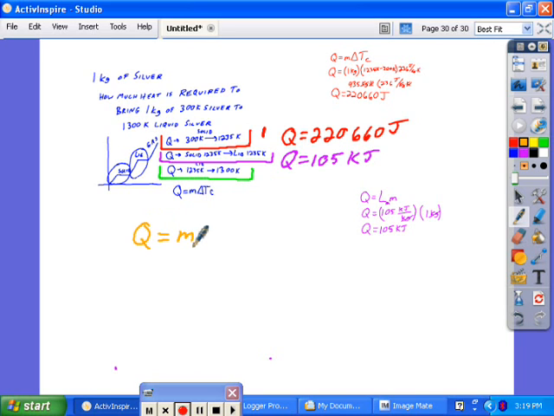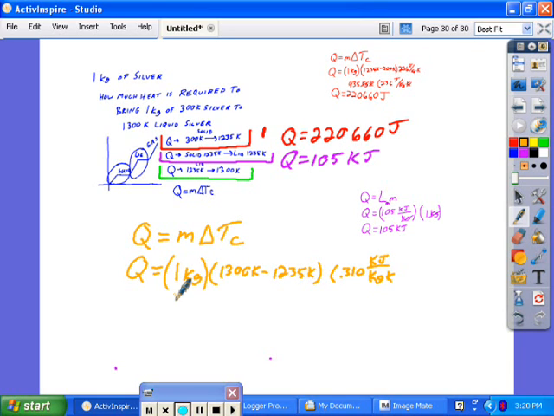Q equals m delta T C. Mass is still 1 kilogram. Delta T is final minus initial, 1300 minus 1235. C was 0.310 kilojoules per kilogram Kelvin.